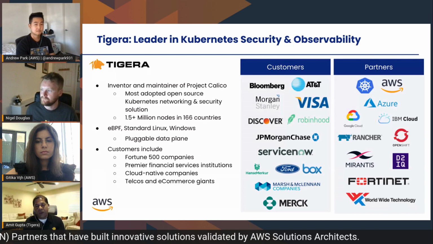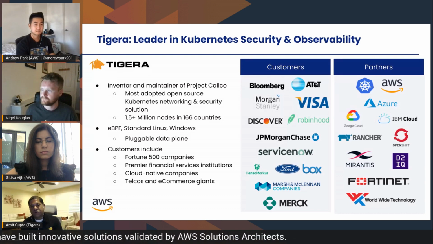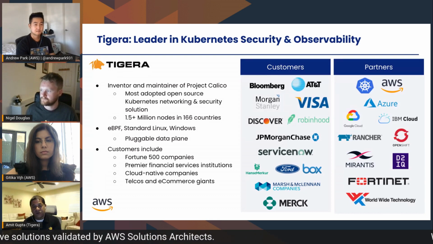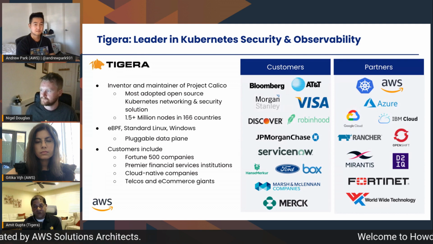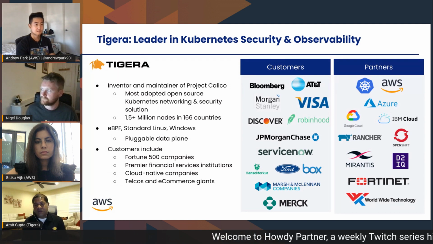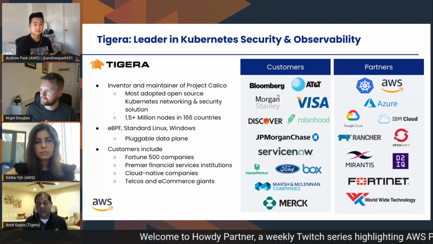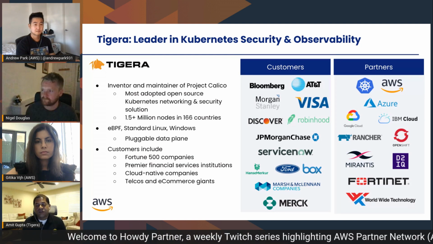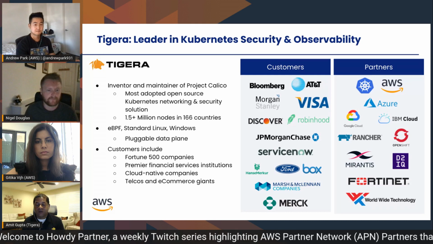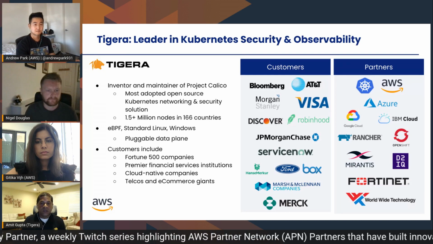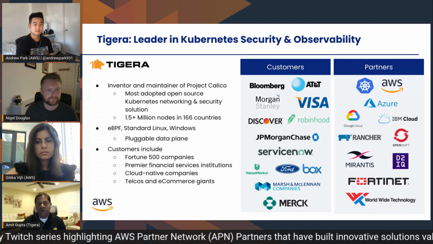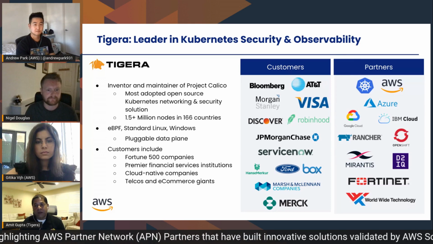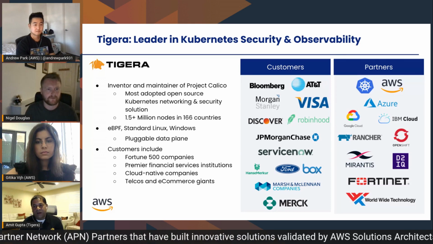That's really why you see some of the world's largest Fortune 500 companies, premier financial services institutions of all sizes, cloud native companies, and even some of the largest telcos leveraging this technology as part of their containerized environment and architectures. So that's a little bit of an overview of who Tigera is and what Calico is about.